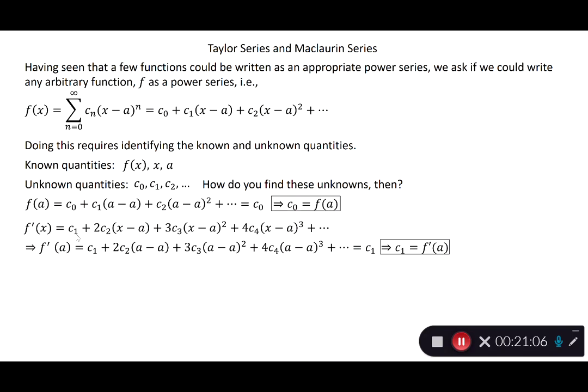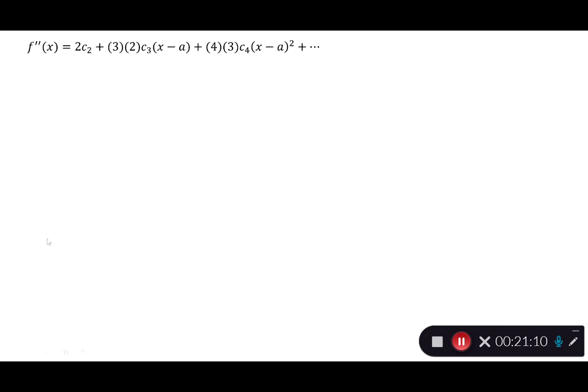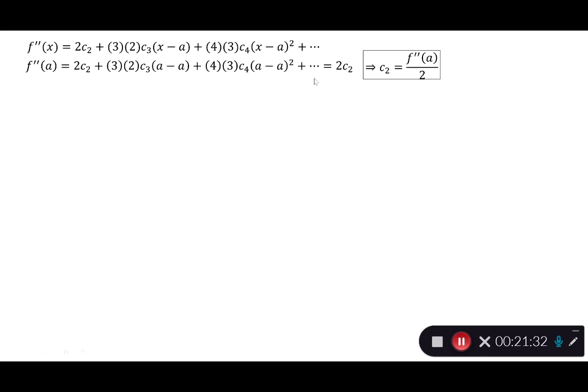How do you find this c2? I'll take the derivative again, f double prime, and that turns out to be this, and evaluate that f double prime at a. Everything disappears, and all you're left with is 2 times c sub 2. If we thought this would end up being c sub 2, no, we are wrong. It actually turns out to be 2c sub 2. So c sub 2 is nothing but f double prime of a over 2.